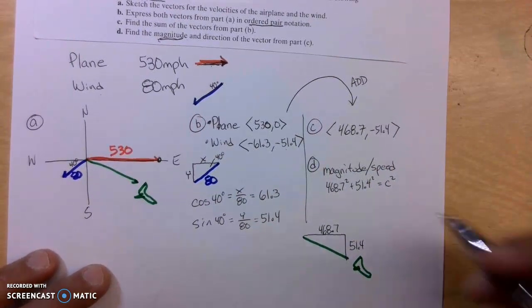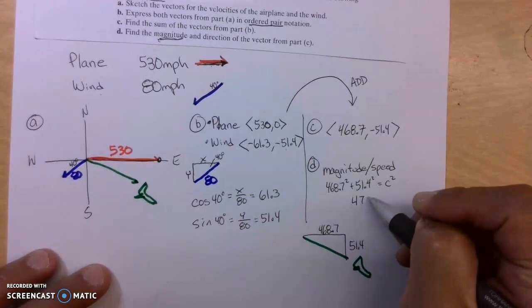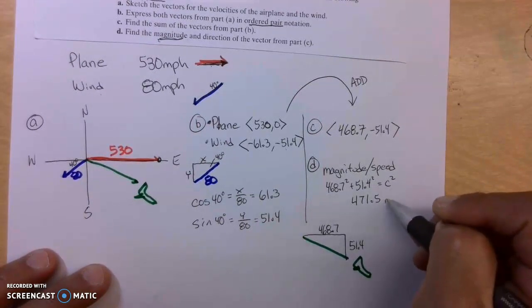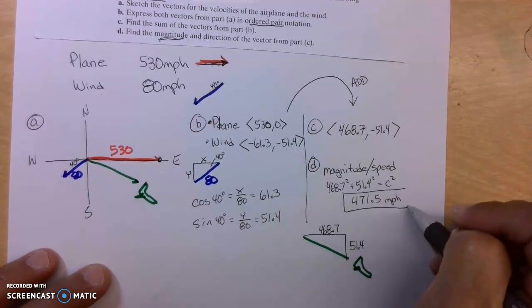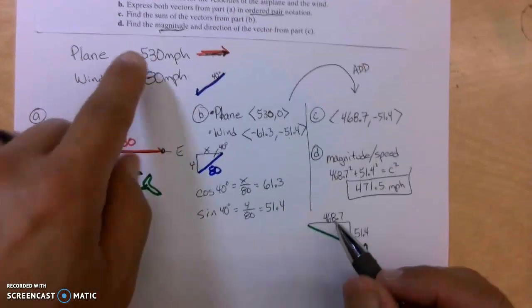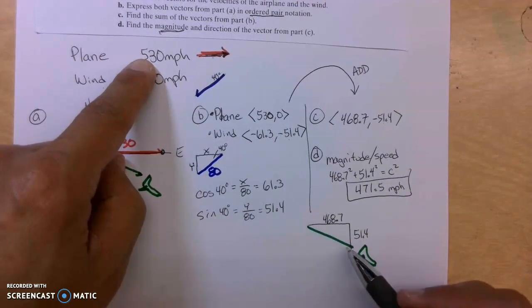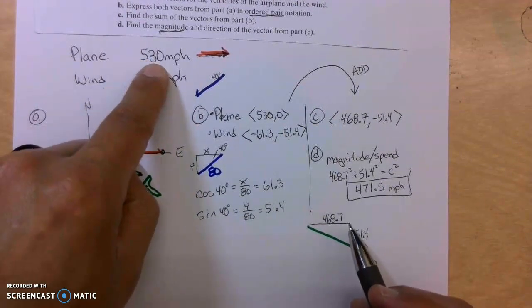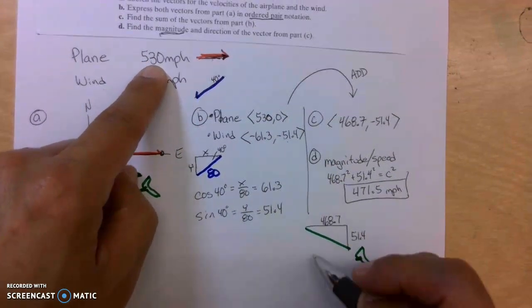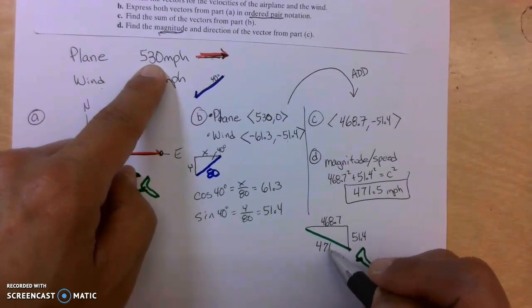And if you do that correctly, this thing is going 471.5 miles per hour. So the green line is 471, which is slower than the plane in still air. If it was just going east and there was no wind, he'd be going faster. But as it is, he's actually going 471.5 miles per hour.